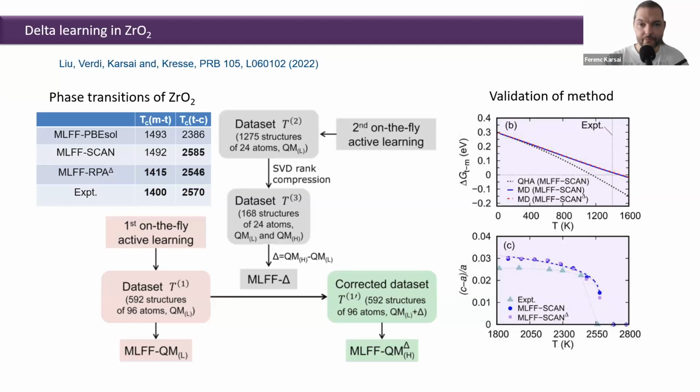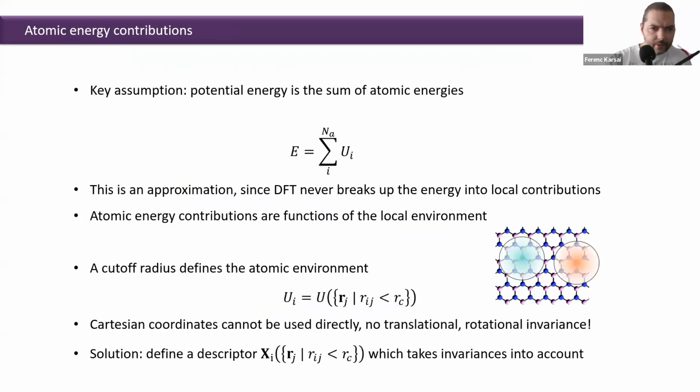How does DFT not give the energy per atom? I think that was right at the beginning when you talked about the assumptions taken for MLFF. Maybe you can explain that decomposition again. Now, this is just a pure assumption we make, because if you look at the total energy in DFT from Kohn-Sham, you see there are many contributions, and you don't really have a per-atom contribution there, like here.